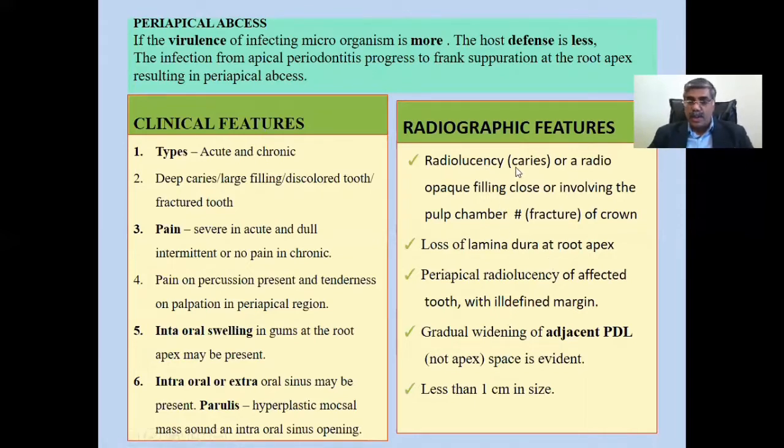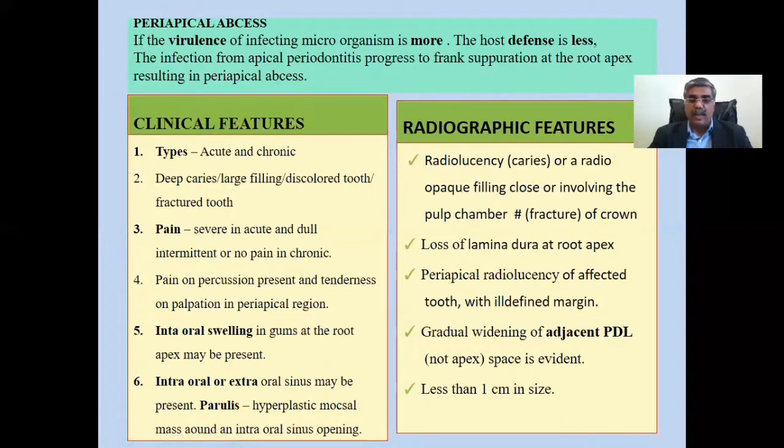The crown may show radiolucency in the case of caries or radiopacity in the case of a filling or a fractured crown. The lamina dura at the root apex will be lost. There will be loss of continuity of the lamina dura at the root apex, and there will be a periapical radiolucency present at the affected tooth, and it will have an ill-defined margin.